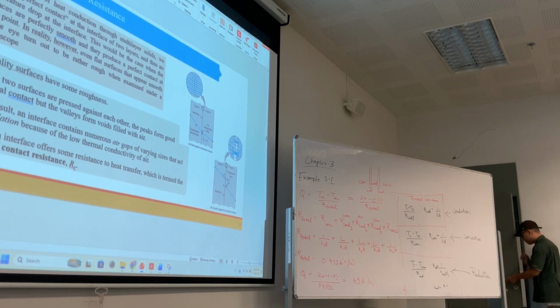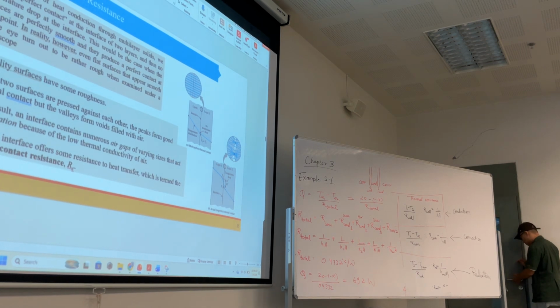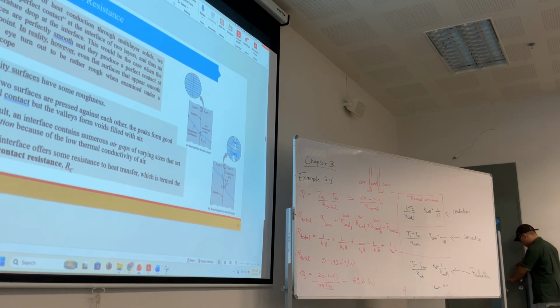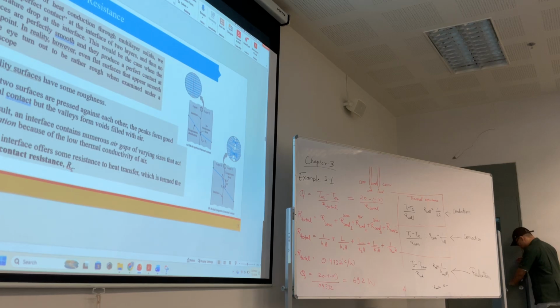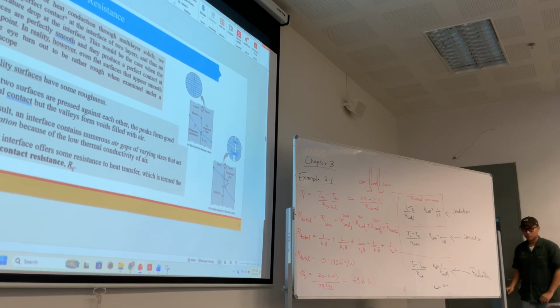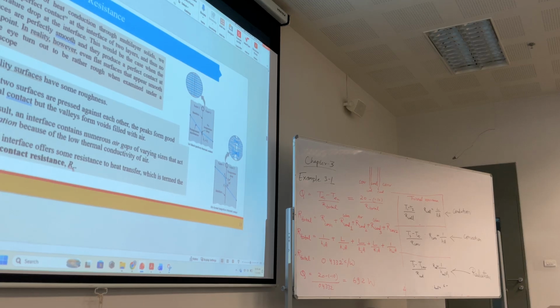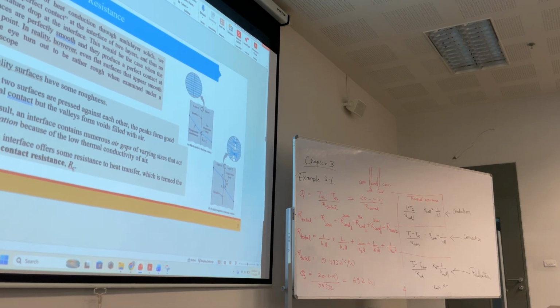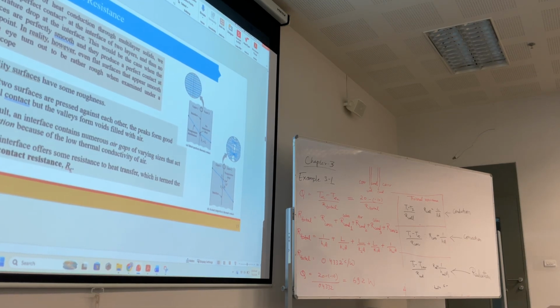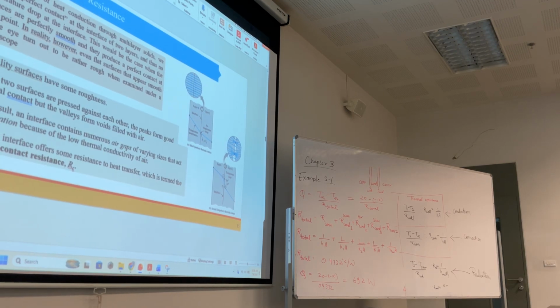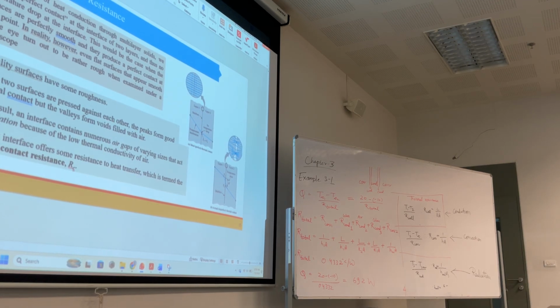That's a perfect case. But in reality, when you attach two surfaces, there is always some air gap, or the materials are not smooth, so there are some cracks. So the air gap and those cracks act as a resistance, and they lower the heat transfer.